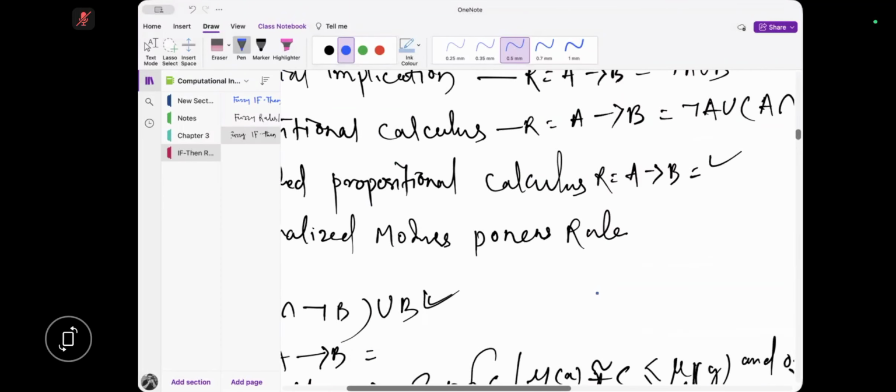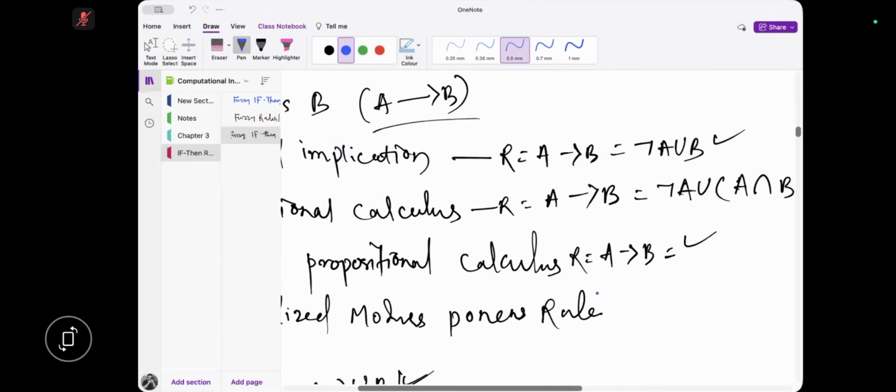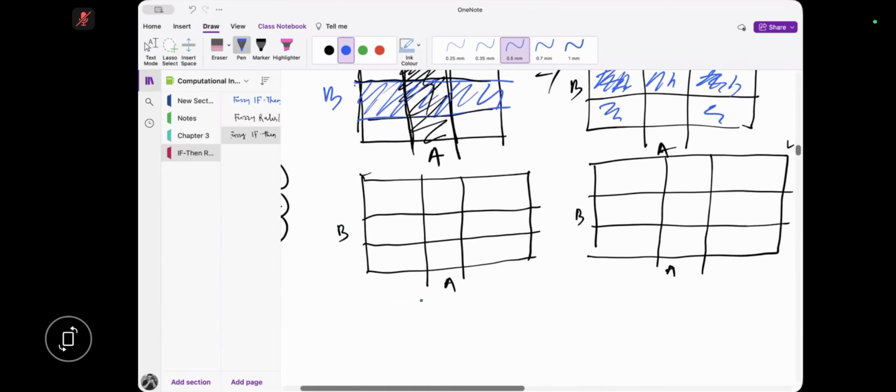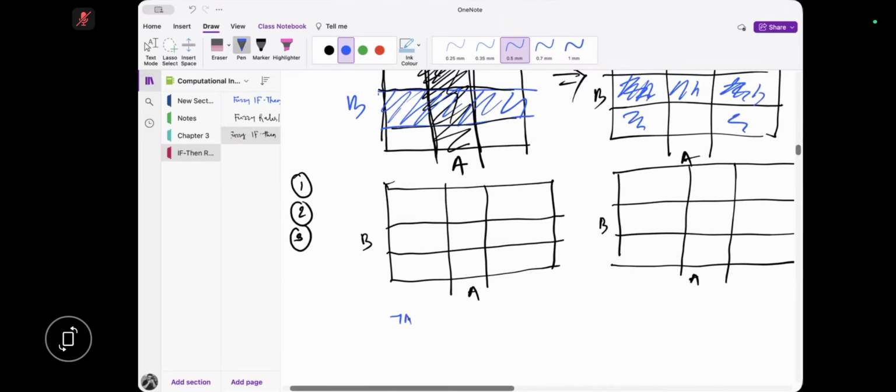What about the second one? The second one is negation of A union A intersection B. Let me write it down.